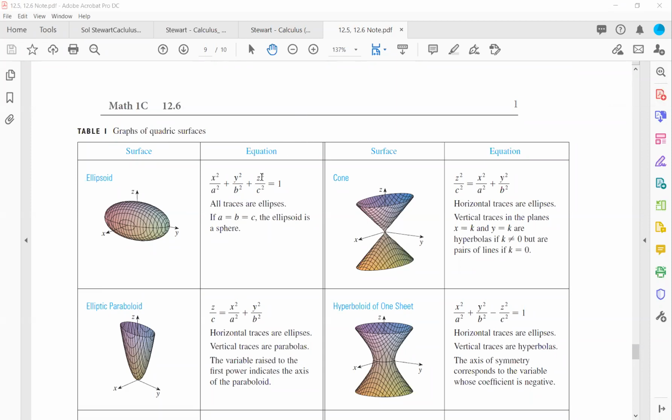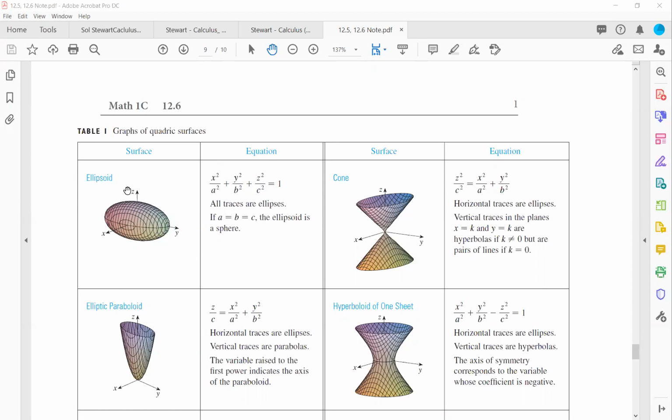So the very first one, if you forget about z, for example z is equal to 0, you get x squared over a squared plus y squared over b squared equals 1, which is an ellipse in two-dimensional space. If you graph it as a surface in three-dimensional space, you get an ellipsoid.